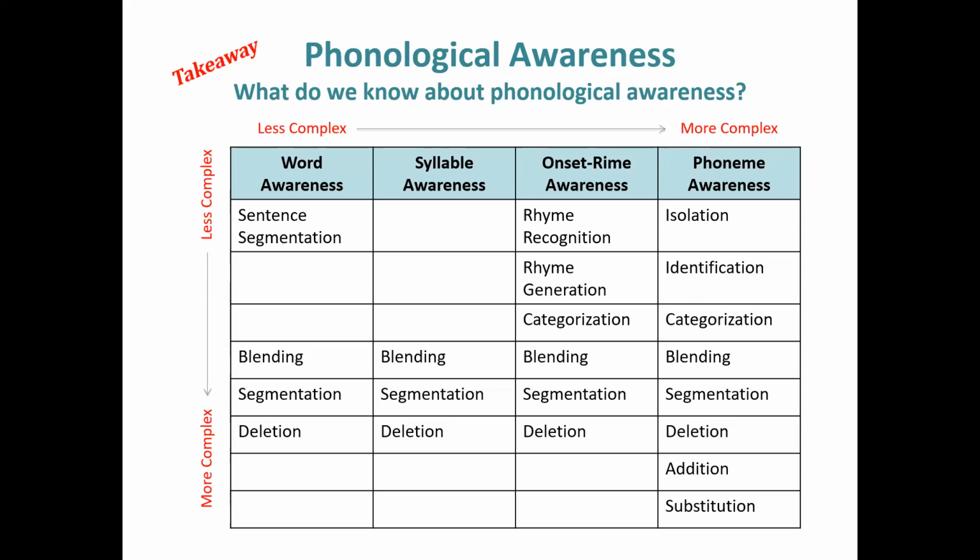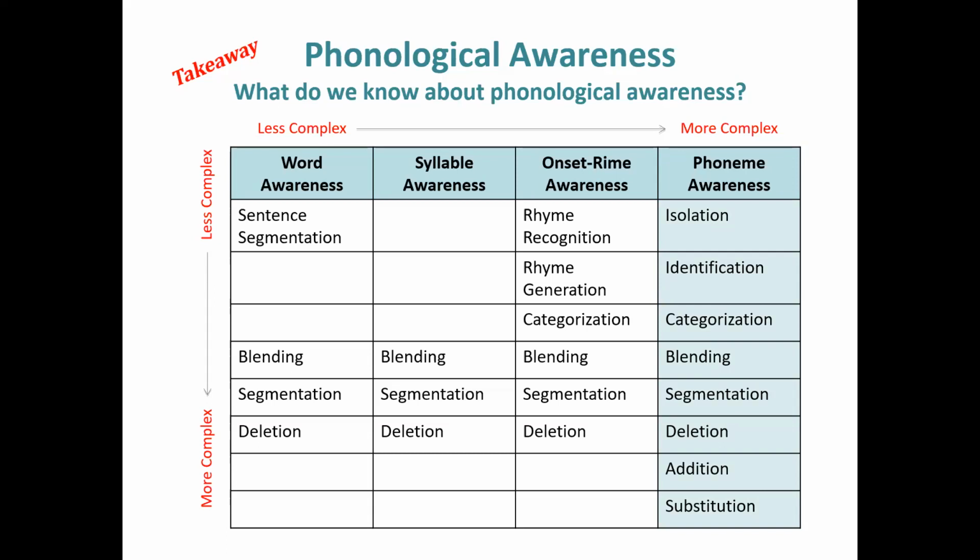The arrow on the left-hand side also shows that students progress down each category as they learn increasingly complex skills. Let's look at the phoneme awareness column. You can see here that first, students are going to learn to isolate, identify, and categorize phonemes. Then they're taught to blend phonemes to make a word and segment a word into phonemes.